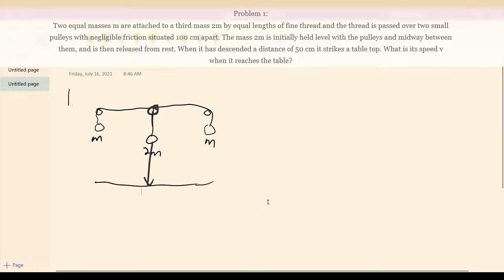And so this entire distance is 50 centimeters, and so are these two distances.